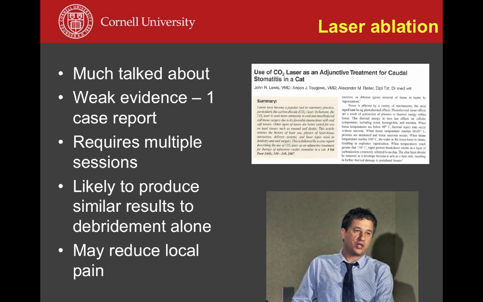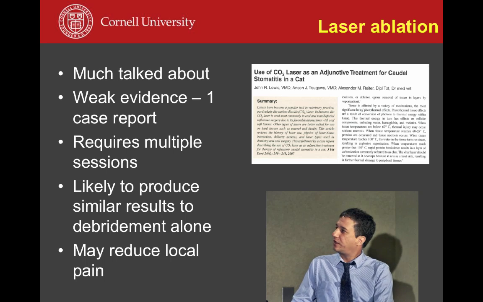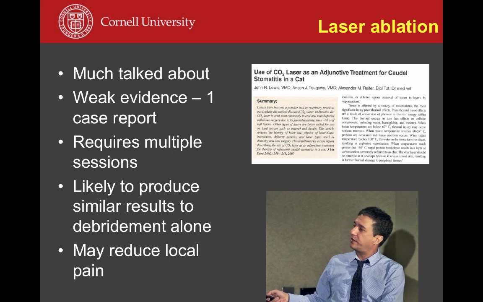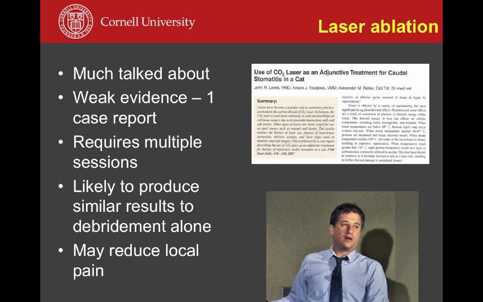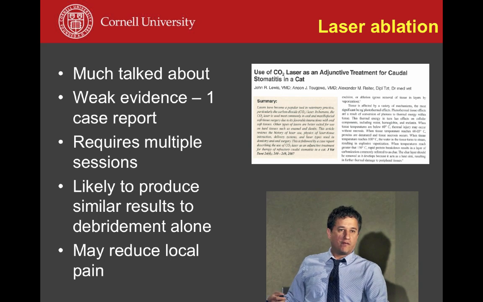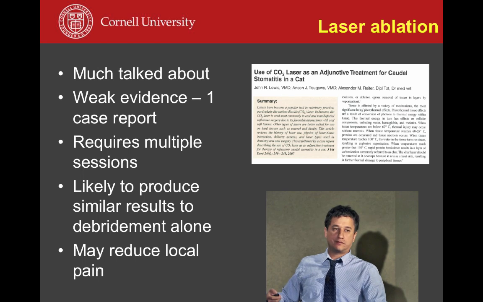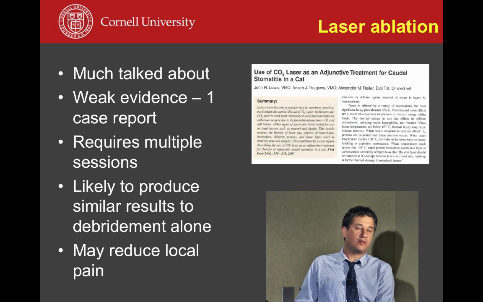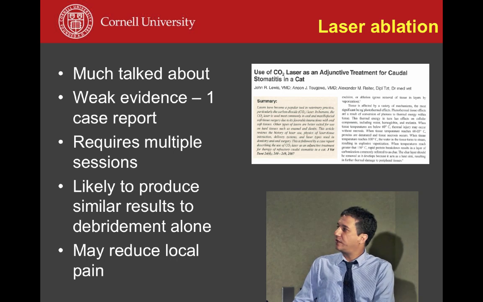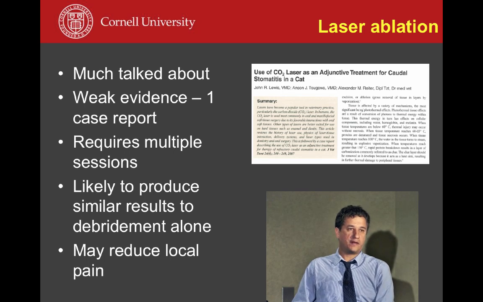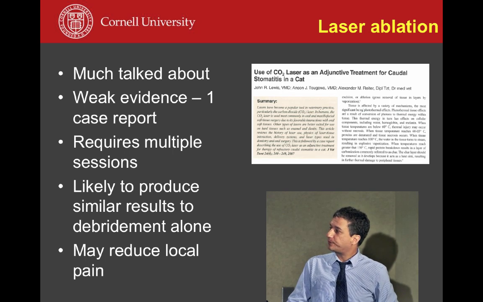I don't think any shelter should invest in a laser just to be able to treat stomatitis cats with potentially very minimal benefits to the cat. So even though in the clinic here at Cornell we do have the laser, I don't even bother using it in stomatitis because I don't think the evidence is sufficient to support this kind of approach.